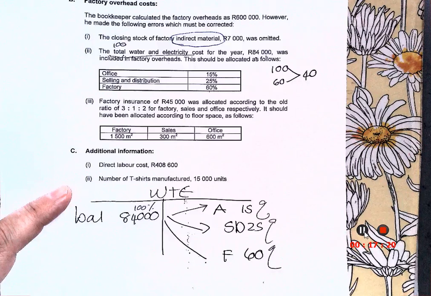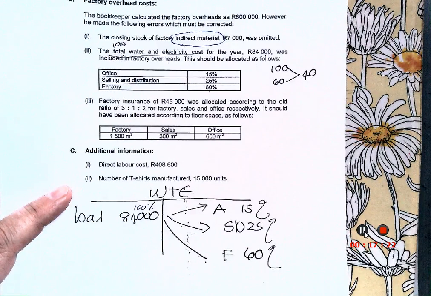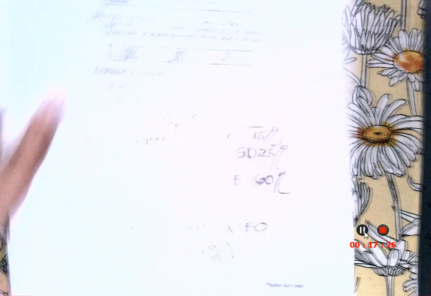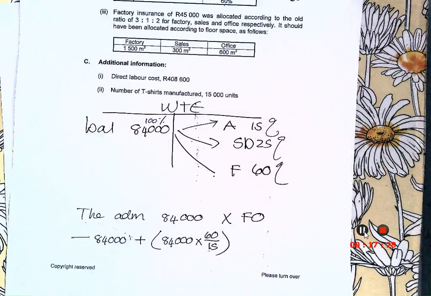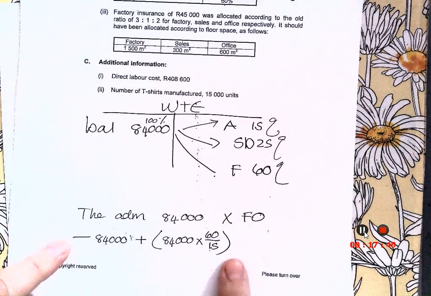We also need to put back the right one. Yes. Because at this stage, if it was worded like this, it means the 84 was inside the factory overheads. So you can do it one of two ways. You can leave the 84 there and just add the part that should be added. Or you can take out the 84 and put in what is right. Doesn't matter, it's going to be the same effect.